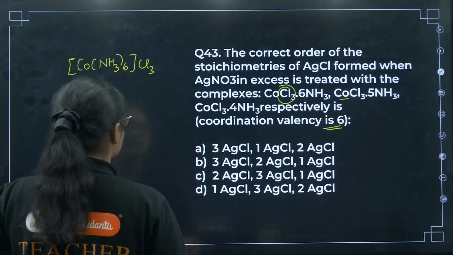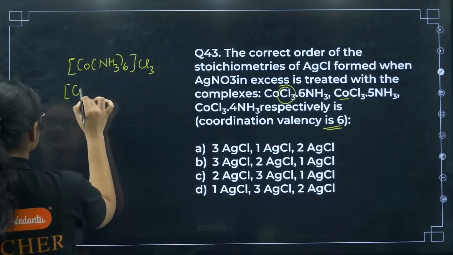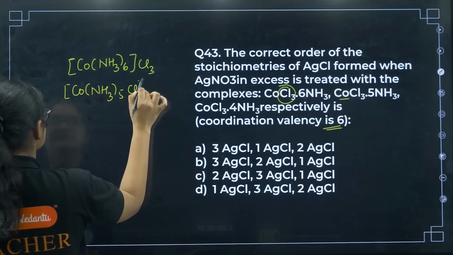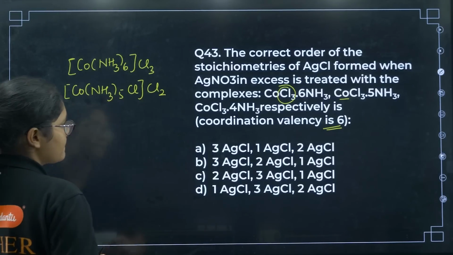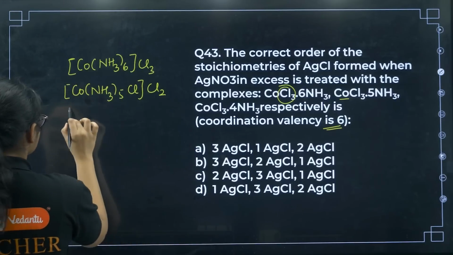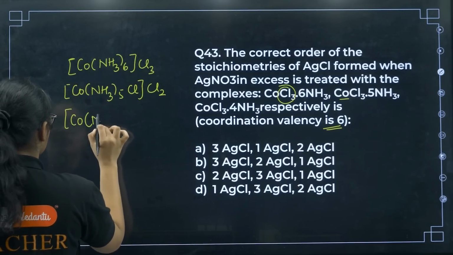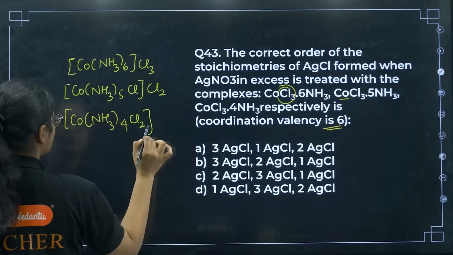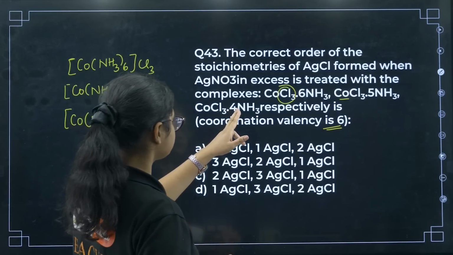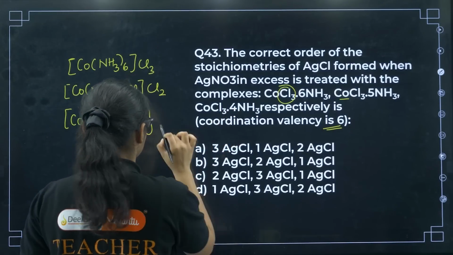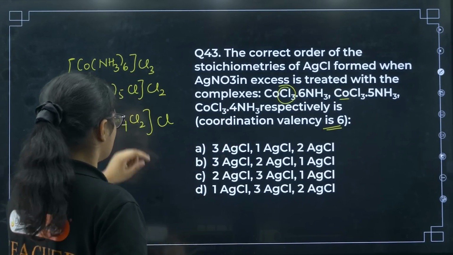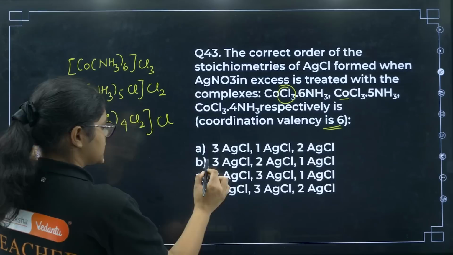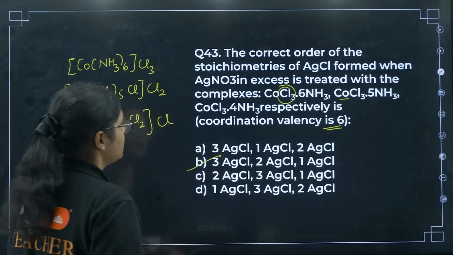Then next one here we have is [Co(NH3)5Cl]Cl2, and then here we have [Co(NH3)4Cl2]Cl. 4, 5, 6 and then Cl. Okay, so here I will get 3 moles, here I will get 2 moles, and here I will get 1 mole. So 3 2 1, that is option number B.